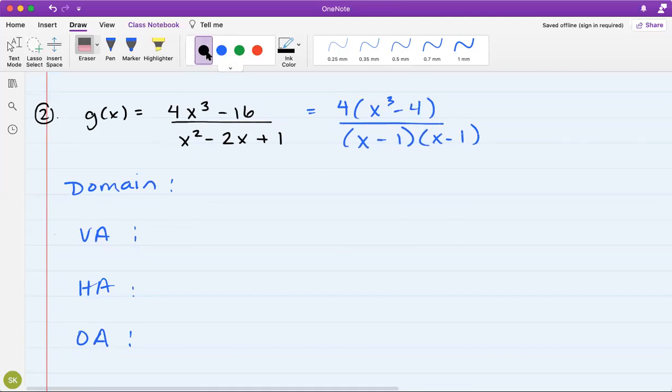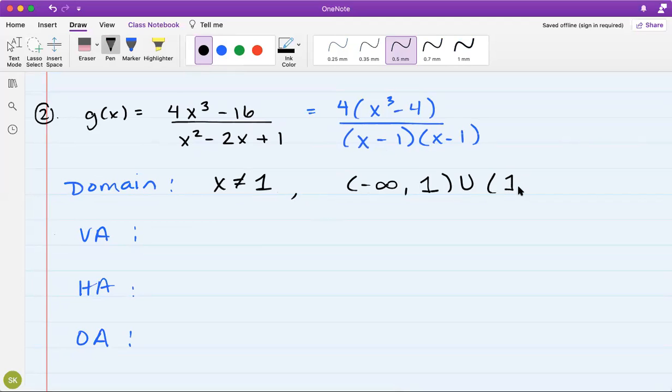Okay, so for the domain, we have a problem when x is 1. You can see if I plug in 1, we're going to get 0 in the denominator. So the domain is negative infinity to 1, and then 1 to infinity. Because I cannot simplify this further, we do have a vertical asymptote, and it is at x is equal to 1.